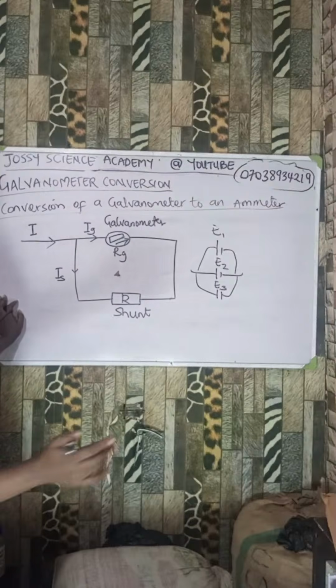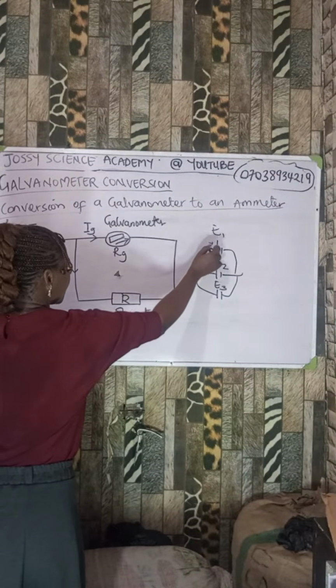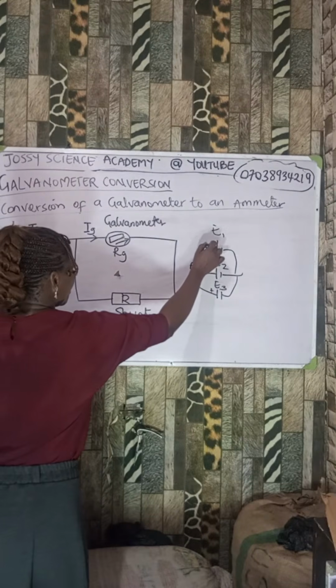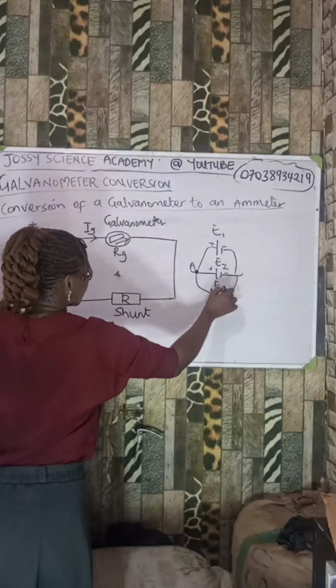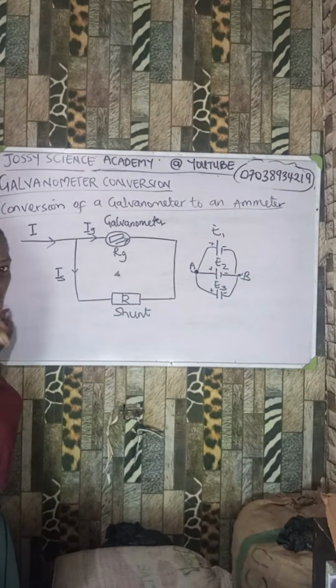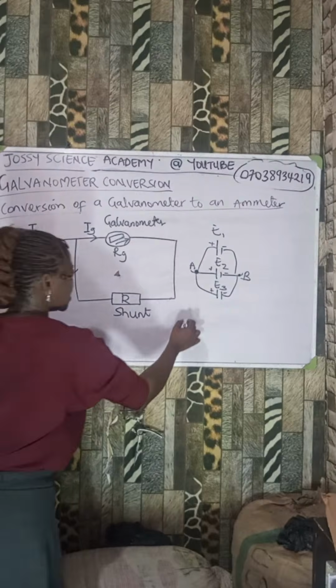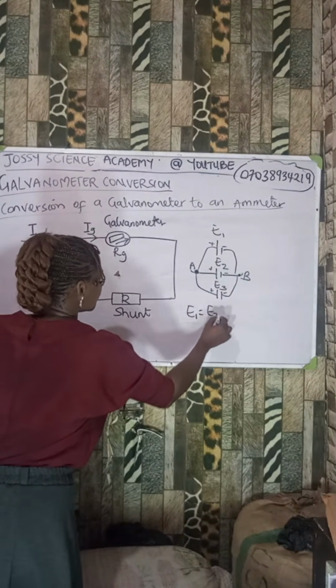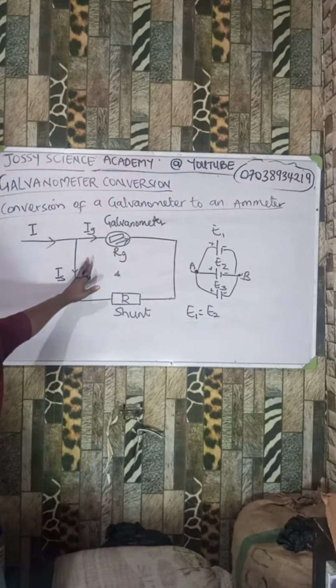They are equal because all the positive terminals come to a central point called A, and all the negative terminals come to a central point called B. So they are acting as if it's just one cell. The EMF in cell 1 is equal to the EMF in cell 2.